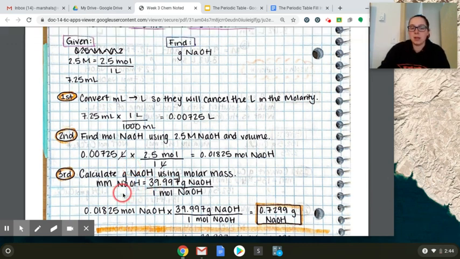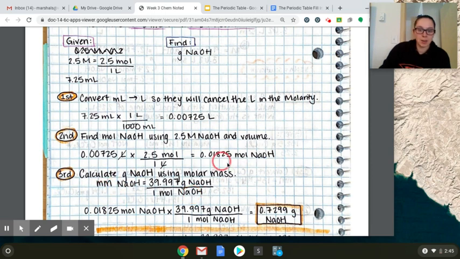You add together the 22.990 from sodium, the 15.999 grams per mole from oxygen, and the 1.008 from hydrogen. Add those all together, and my molar mass should equal 39.997 grams of NaOH per 1 mole of NaOH. Now, I wrote it this way so we could easily see that this was still a conversion factor.